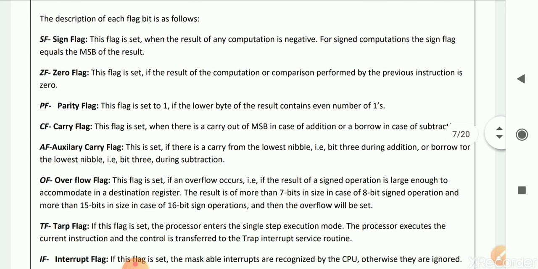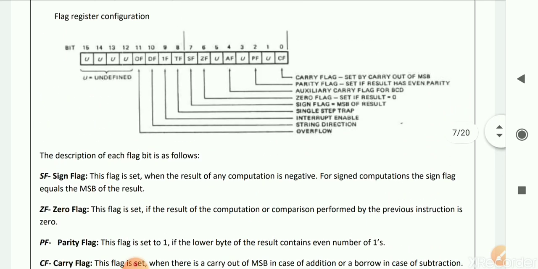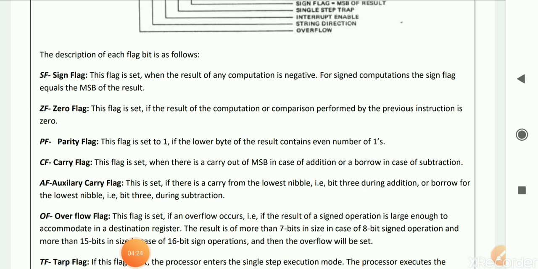Let's see first the overflow flag. It shows the result when two numbers with the same sign bit are added, or there is an arithmetic or logical operation on two same-sign numbers, and then there is an overflow. That means to store a 7-bit number you may get one extra bit because of the overflow, or if you get a carry at the MSB then there is an overflow. The overflow flag will be set if the result is more than 7 bits in size in case of an 8-bit signed operation, and more than 15 bits in size in case of a 16-bit signed operation.